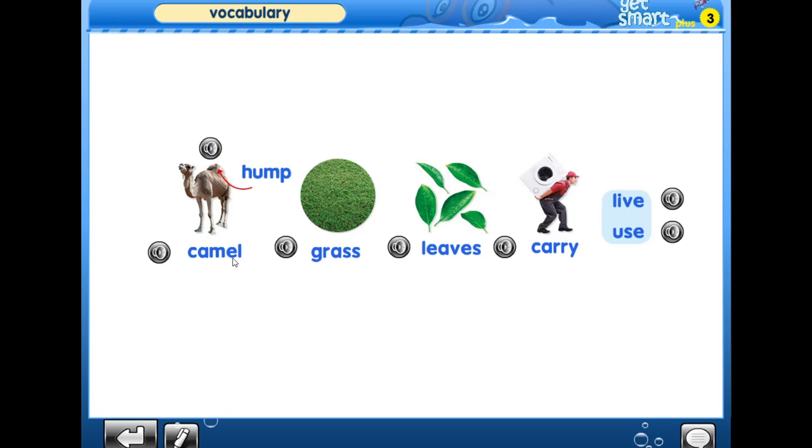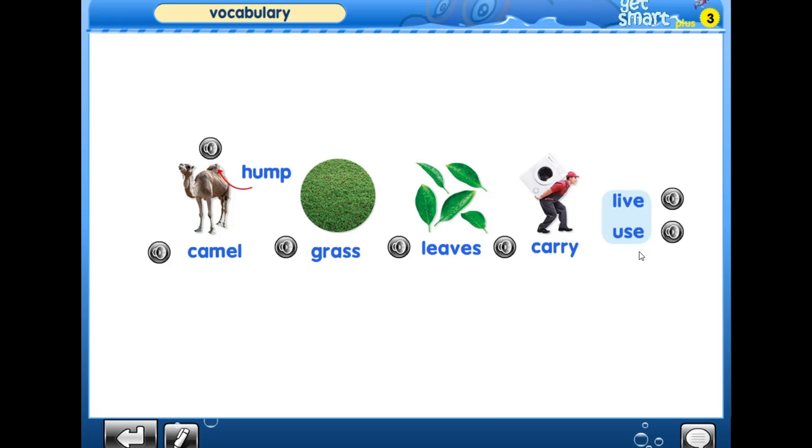Hump. So this animal is Camel. Camel. And this is easy. This is Grass. Grass. Leaves. Leaves. Carry. Carry.